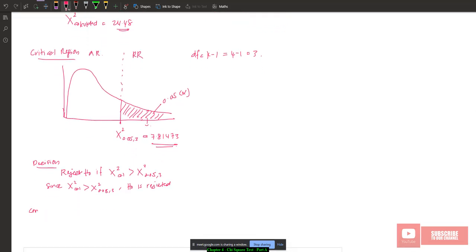So our conclusion: the data present sufficient evidence to indicate that some lanes are preferred over others.